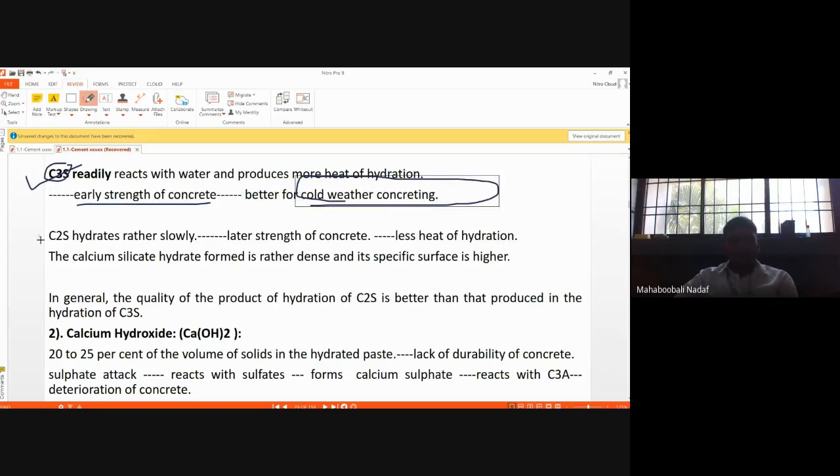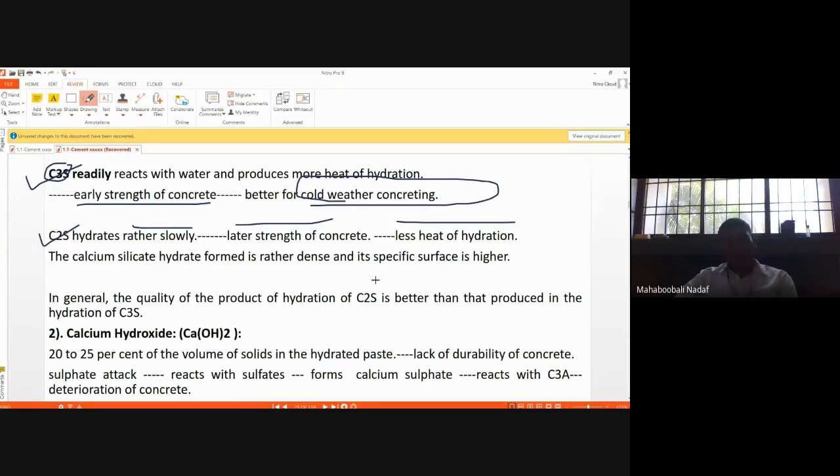C2S, that is dicalcium silicate, hydrates very slowly, so strength is also given slowly, and heat of hydration is also slow. This is good in summer conditions, or when concrete has to be transported from one place to another in trucks or open pans.